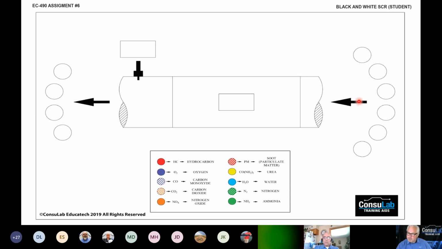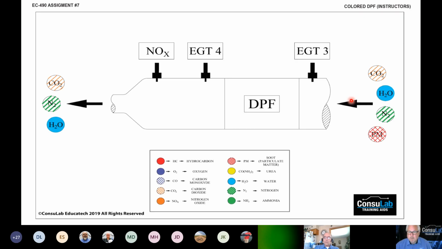So when you view this, you've got to be sure to remember to change directions. So you're going from right to left now. So here is what's coming out of the selective catalytic reduction unit.